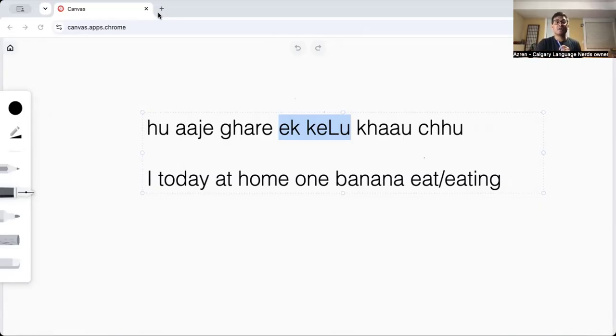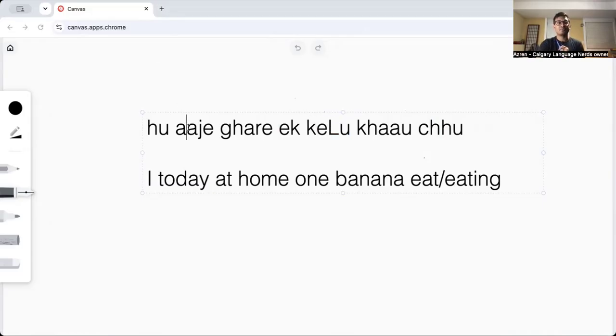In this sentence, hun aje ghare ek keru khao chu, there's a slight emphasis on ek keru, because it is right before the verb. There's a slight psychological emphasis on one banana, or even just on the word keru, banana.